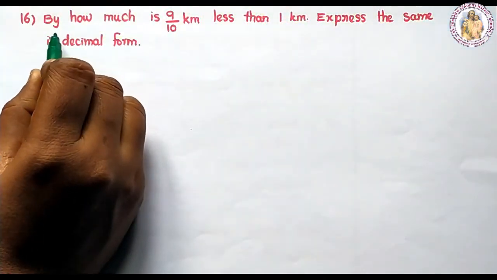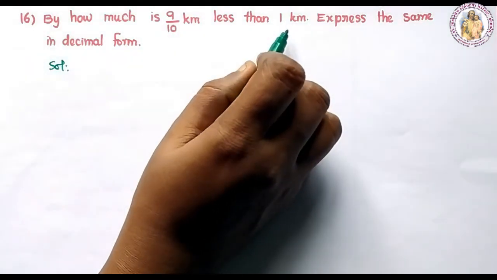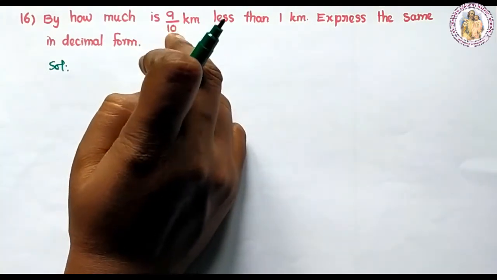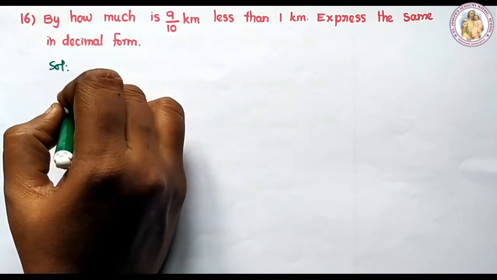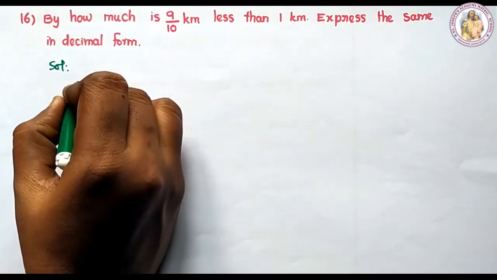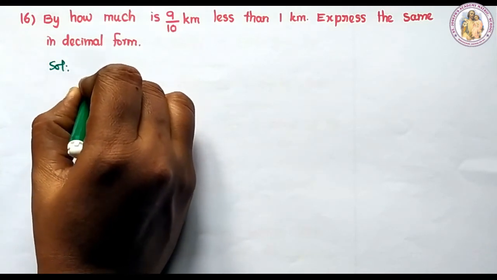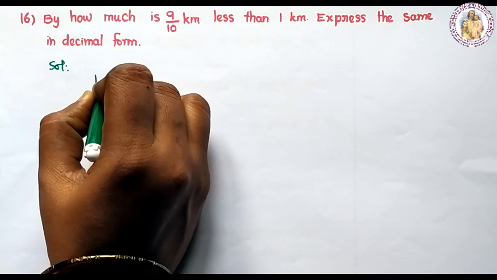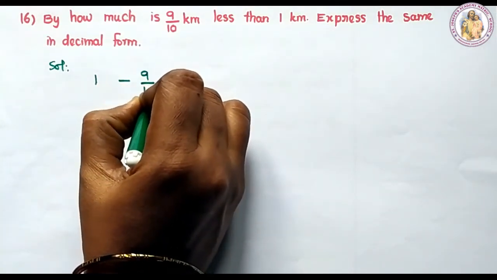16th sum. By how much is 9/10 kilometer less than 1 kilometer? By how much? That is difference. We have to find out the difference. So express in same decimal form. First one, 1 kilometer. 1 minus 9/10.